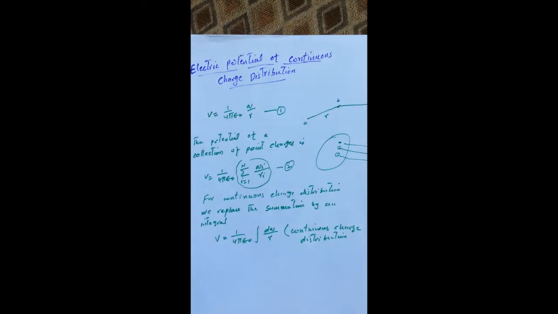Now, the continuous charge distribution is either a line of charge with linear charge density.